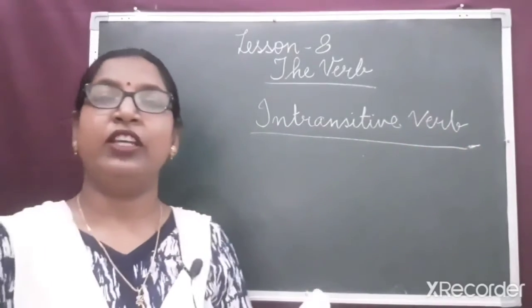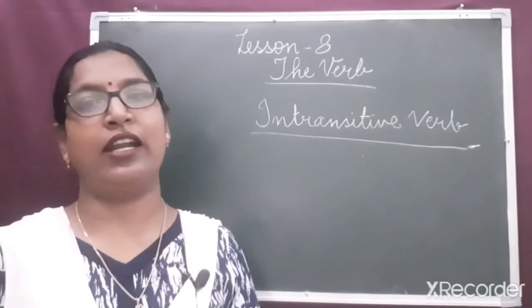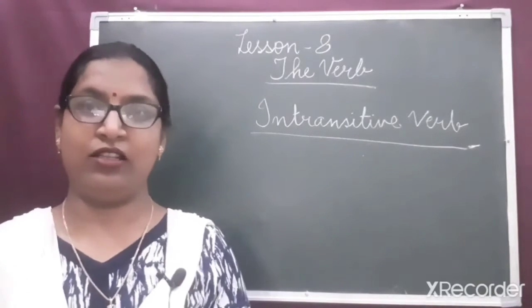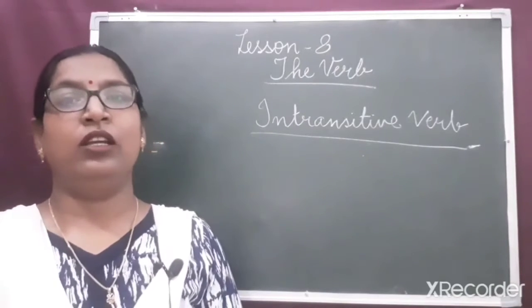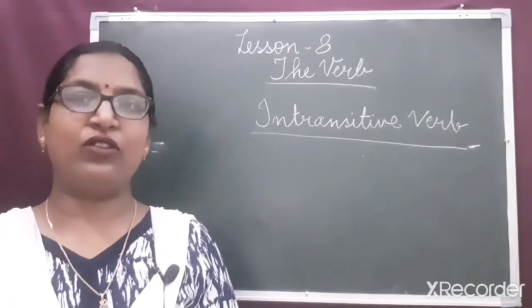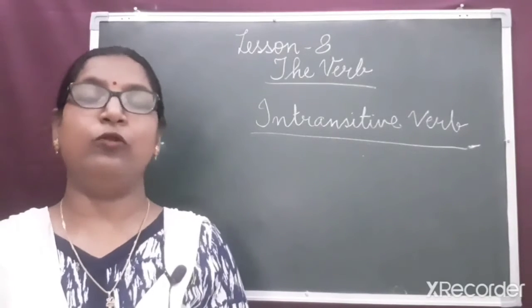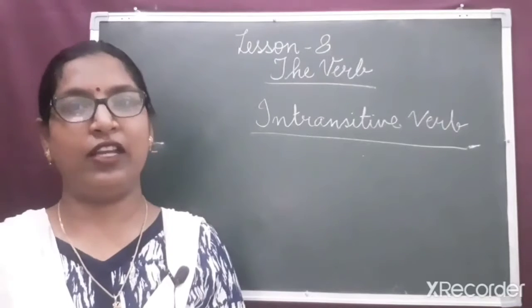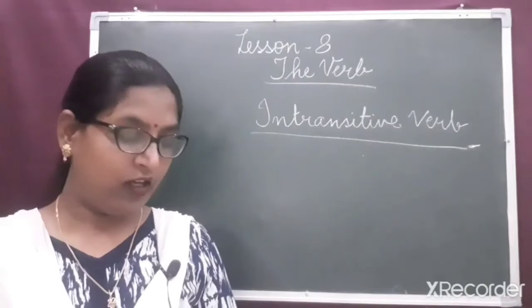Dear children, in the previous class we studied that transitive verbs are having an object to complete the meaning of the verb. But in intransitive verb there is no object. A verb which is not having an object is called intransitive verb.